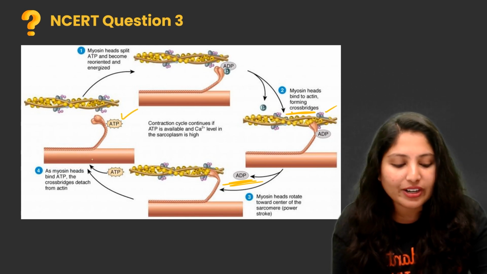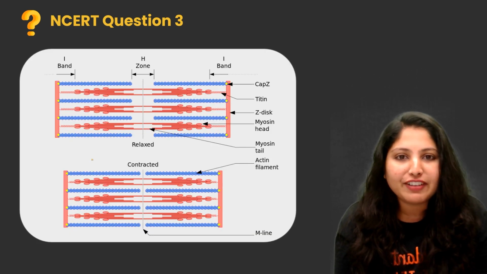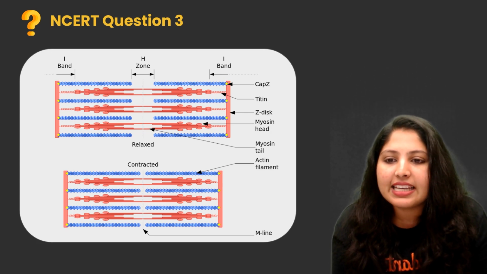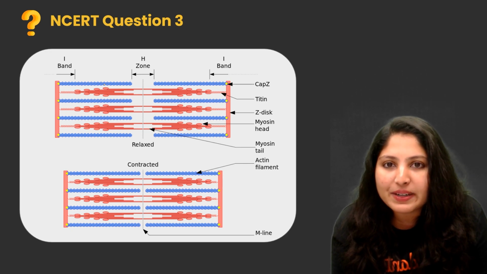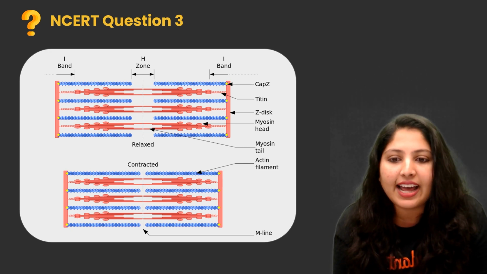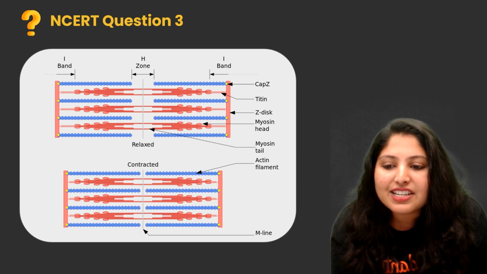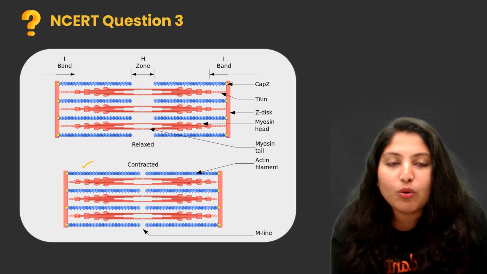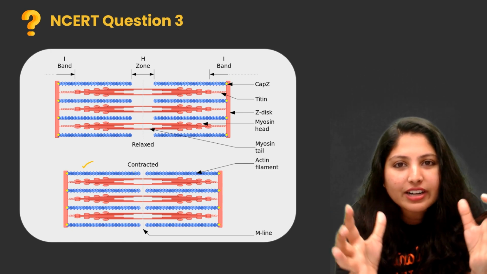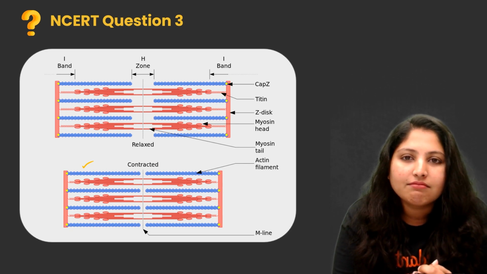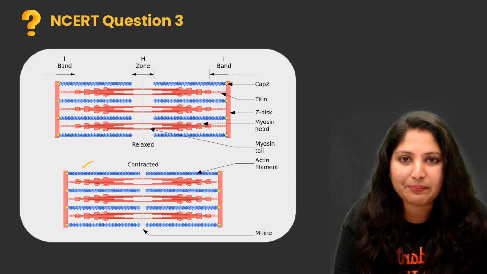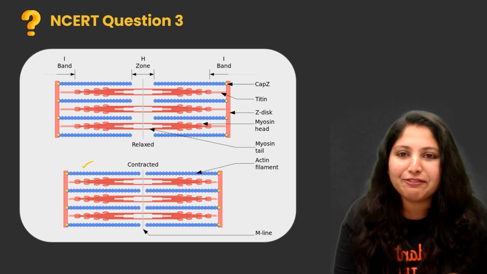So this is known as sliding filament theory. Once the cross bridge happens and sliding is done, the actin filament moves towards the center, hence the contraction happens. When there is no calcium ion, relaxation is going to happen. So this is known as sliding filament theory.